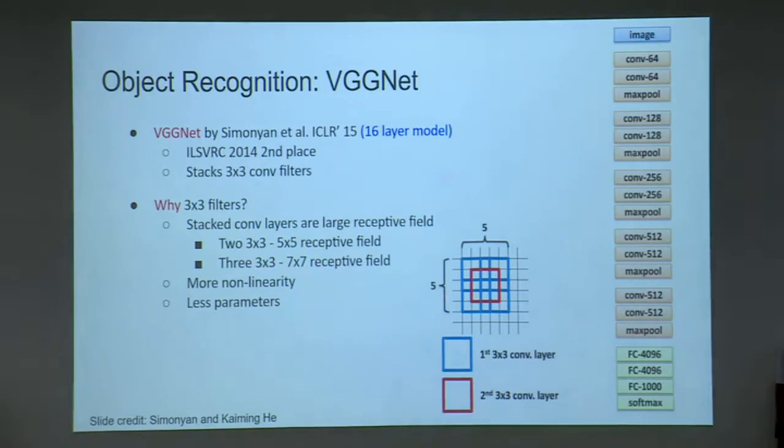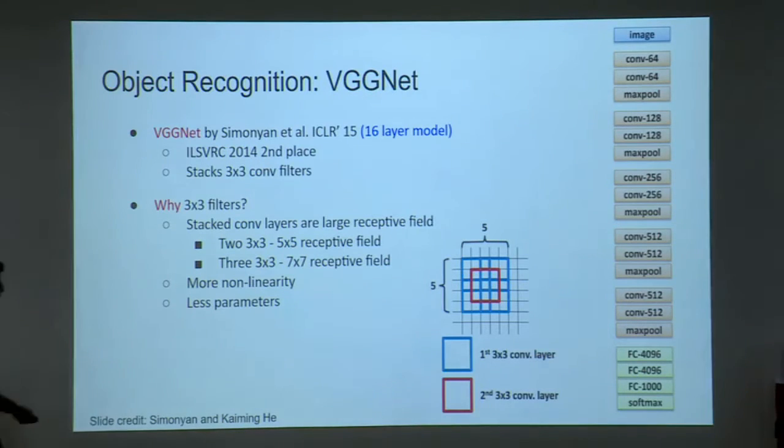Now to see how two 3x3 filters simulate 5x5, at least in terms of receptive field, you can look at this. If you consider this center pixel, when we do a 3x3 convolution, it looks at all of its 3x3 neighbors. So this is the second convolution layer. If I look at the layer previous to it, this pixel itself is obtained by convolving a 3x3 filter, so in that sense it looks at a bigger context.